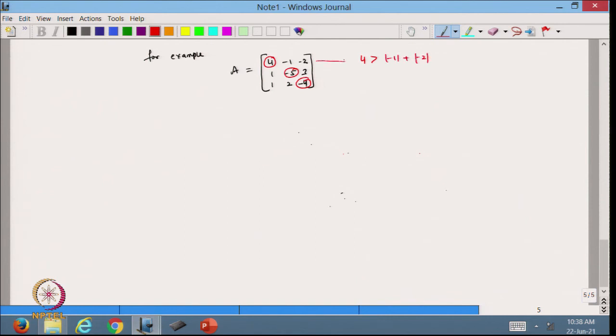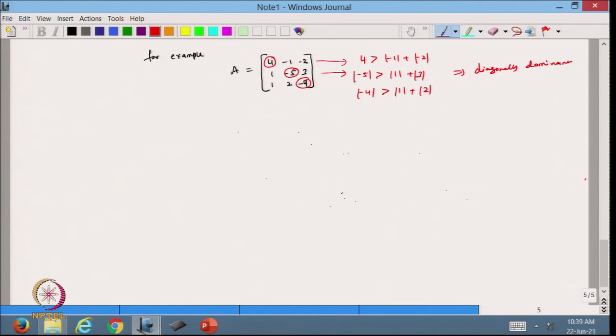That is in the first row I am talking about, and in the second row we are writing diagonal elements: |-5| is greater than 1 plus 3, and similarly |-4| is greater than 1 plus 2. So, everywhere it is holding. So, it is called a diagonal dominant matrix.